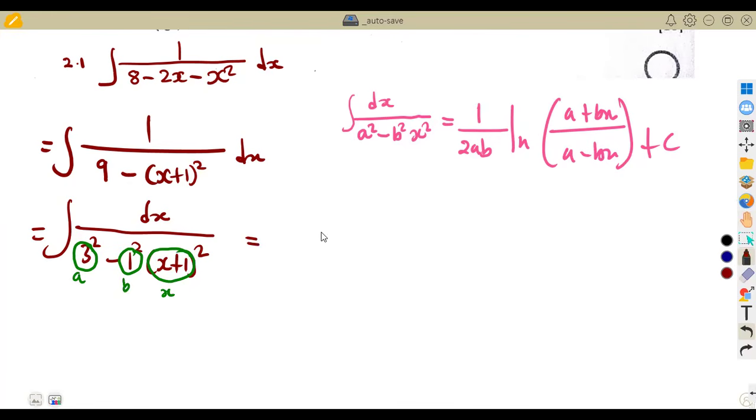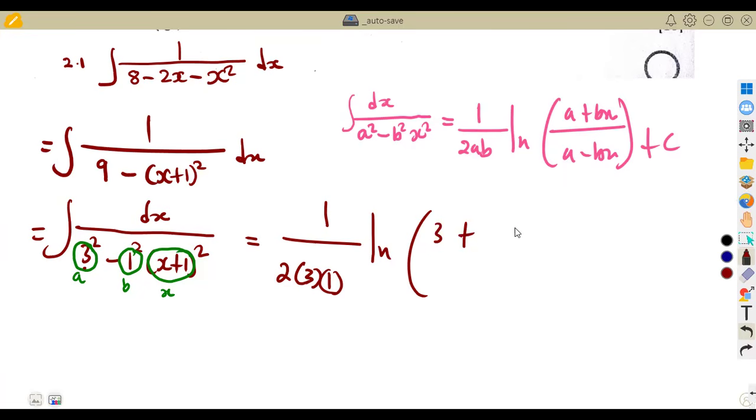So this is 1 over 2ab, which is 2 times a. Remember our a, we said, is 3. Then our b is 1; we do not have that number, so it's just 1 squared, which is 1. Then the ln of a plus bx: our a is 3, so this is 3 plus bx.